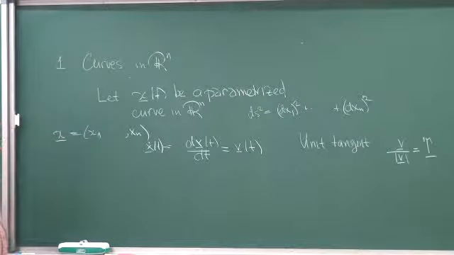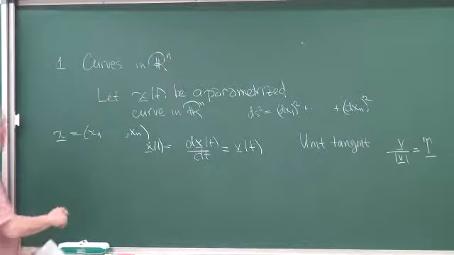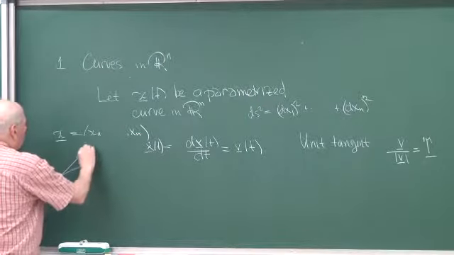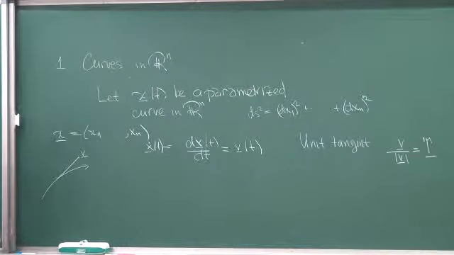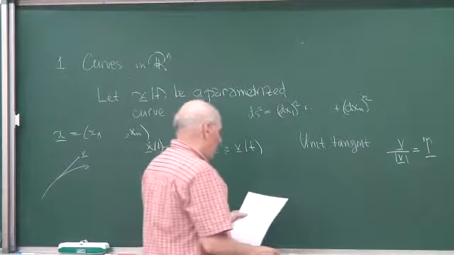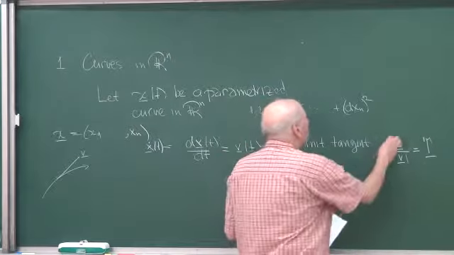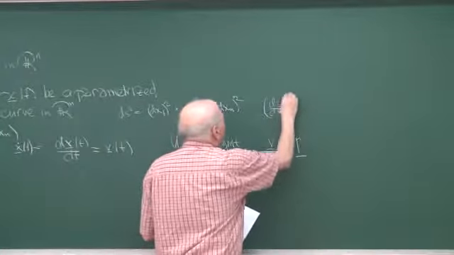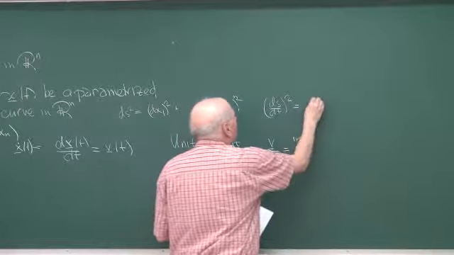So the velocity vector is of course tangent to the motion. So here's x of t. That's the velocity vector, and it's tangent to the motion. And if I normalize it, I make it a unit vector. Okay. And what else? Then we see that formally it's dividing through by dt, but you know what I mean.